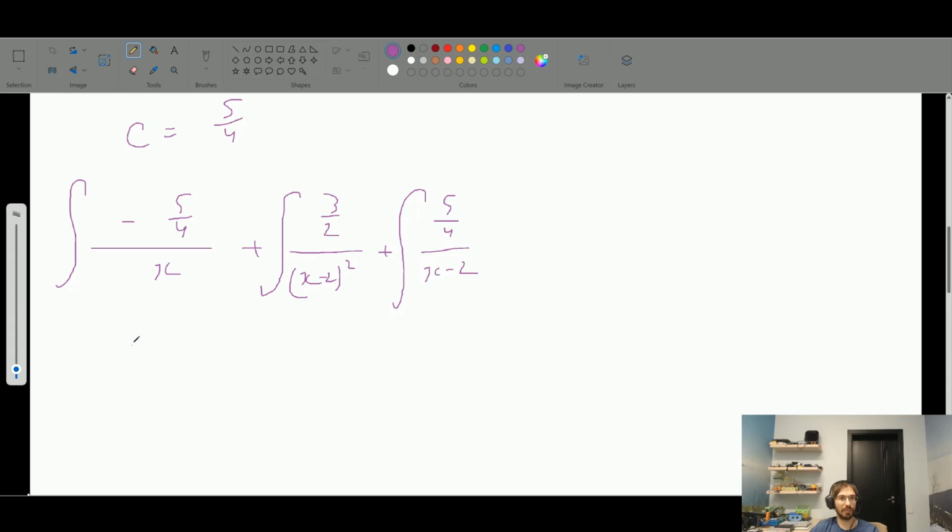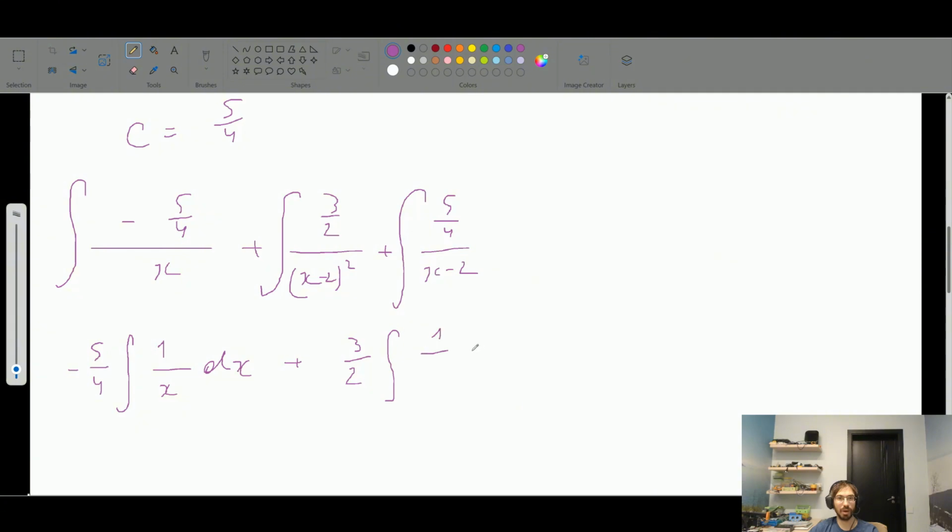For example, the first integral will be ln x, because we can put minus 5 over 4 outside, and it will be the integral of 1 over x dx. The second integral, again 3 over 2, can be put outside of the integral.